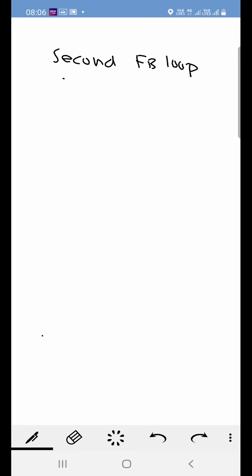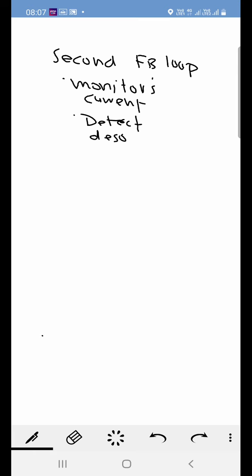Firstly, it monitors the current, and by doing that, it can detect the desorption.